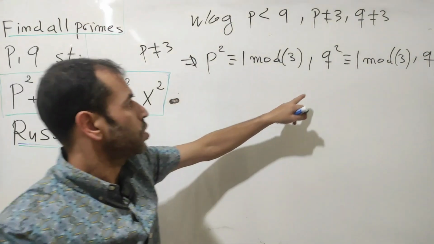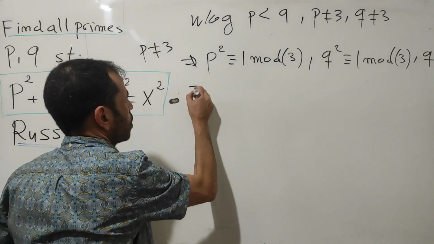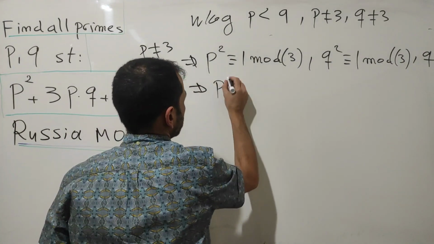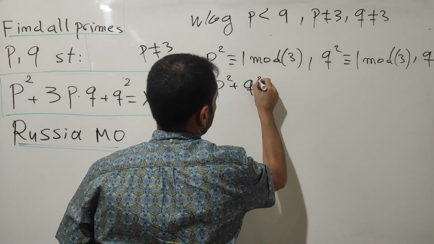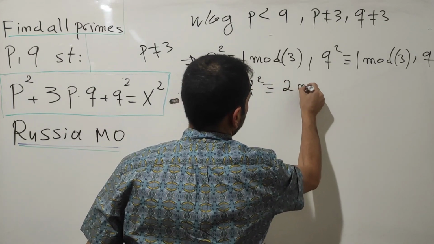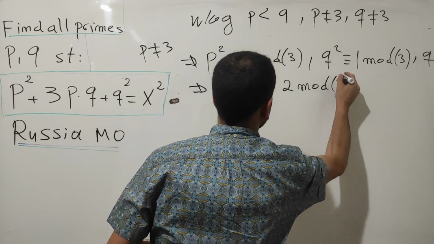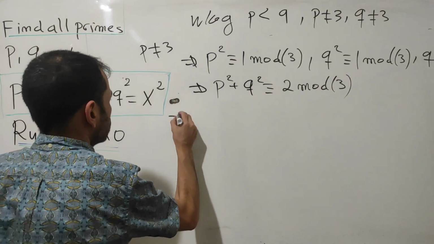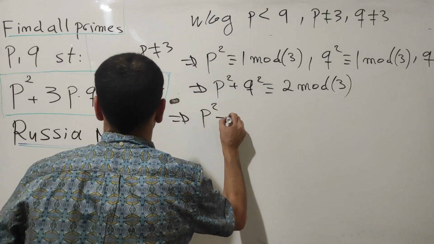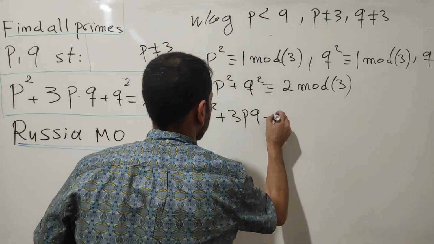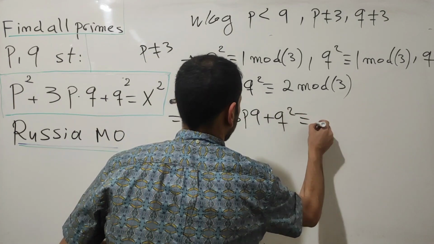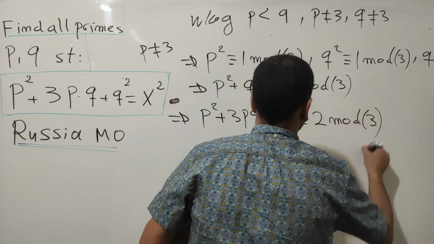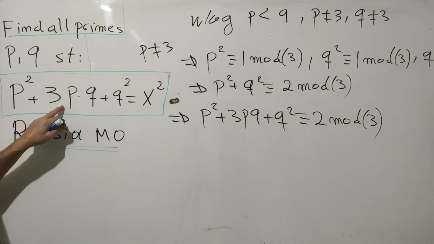I'm going to sum these. You get p squared plus q squared is congruent to 2 mod 3. Let's reduce the whole equation to mod 3. It gives us p squared plus 3pq plus q squared is congruent to 2 mod 3, because this term is 0, since we have the number 3 there.